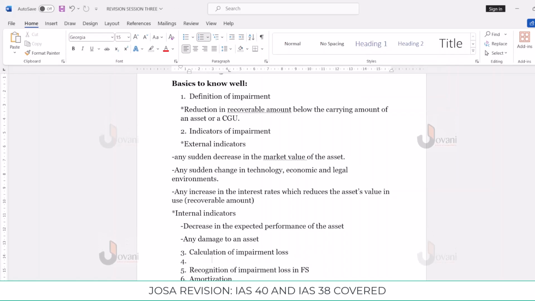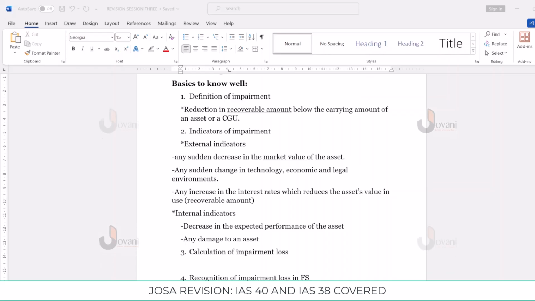Okay. Since this is revision, let me ask who is here and is very quiet? Okay, Joseph, how do you calculate impairment loss? Anyone who can answer? How is impairment loss obtained?